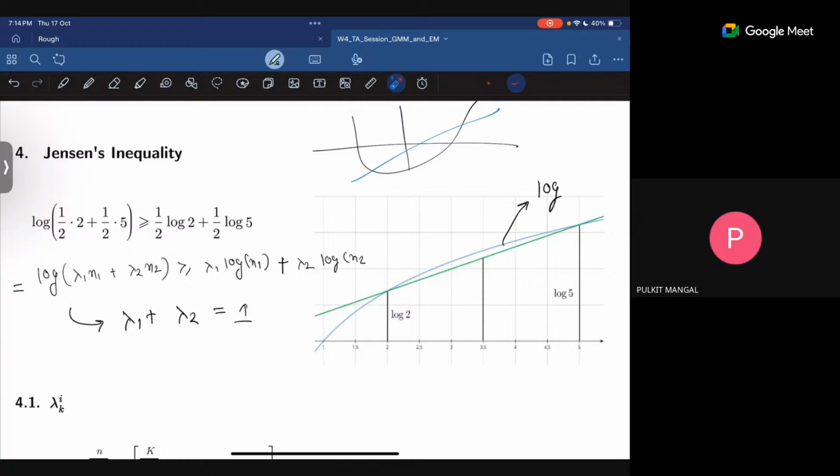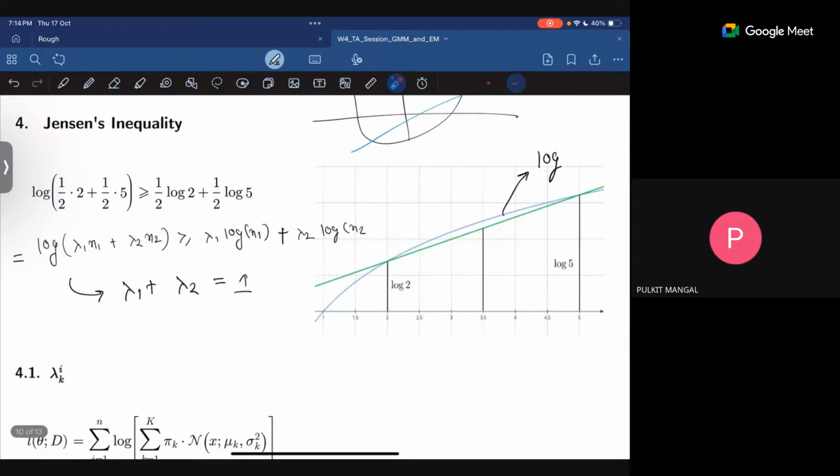We don't care about the convex part here; those who have done MLF must have studied it. If you have not done MLF, you will study that in week 9 of MLF. But this is the Jensen inequality part that we will be using to get rid of the summation inside the log.